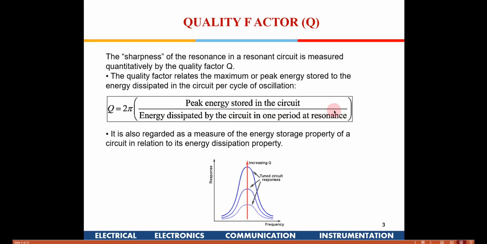That is also important: at resonant frequency, not at any frequency. We don't compute Q at this frequency or at this frequency. Q is always computed at the resonant frequency. The peak energy stored in the circuit in one time period, divided by the energy dissipated in the circuit in one time period. So that is the definition of Q.